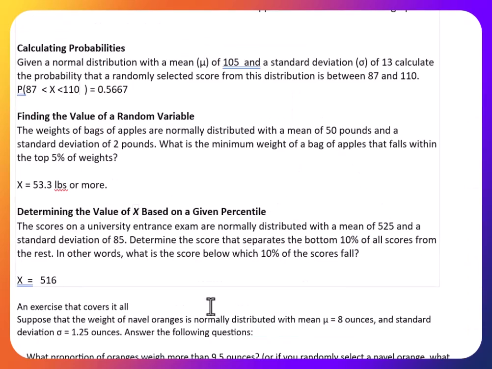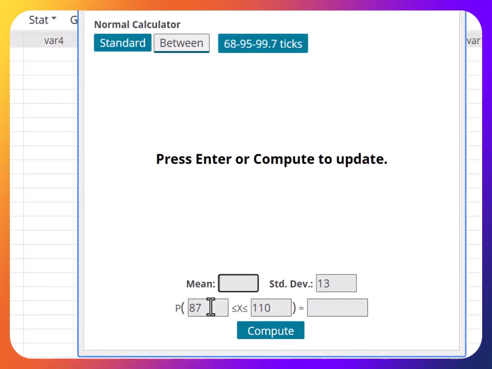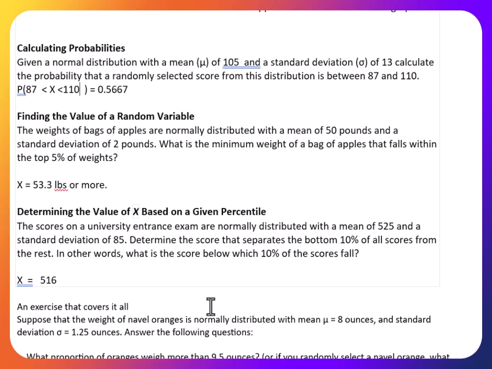The weights of bags of apples are normally distributed with a mean of 50 and a standard deviation of 2. What's the minimum weight of a bag of apples that falls within the top 5%?